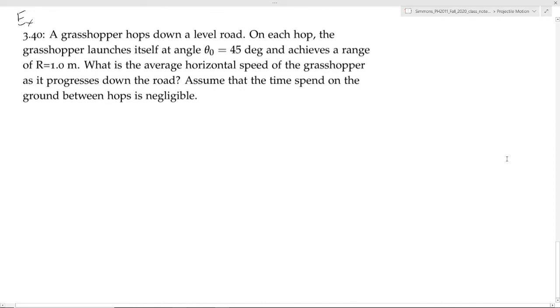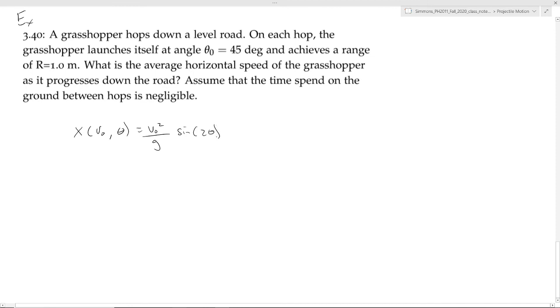So part of the thinking with picking this question is that it gives us a chance to apply and reinforce this range expression that I mentioned for you. So recall that the range as a function of the initial speed and the angle looks like v naught squared over g times sine of 2 theta.